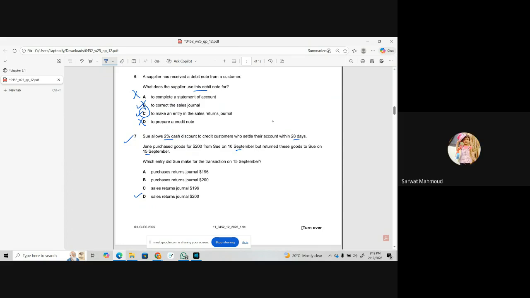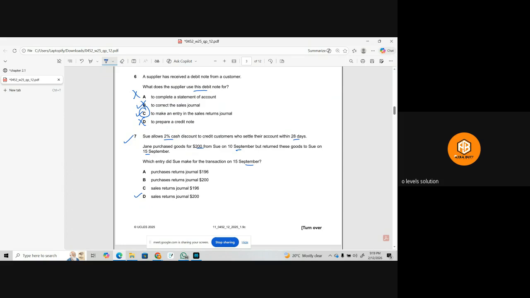I didn't get it, why was the cash discount allowed? They are saying that Sue allows 2% cash discount to credit customers who settle their account within 28 days. Jane purchased goods for 200 from Sue on 10 September, but returned these goods to Sue on 15 September. So which entry did Sue make for the transaction on 15 September?